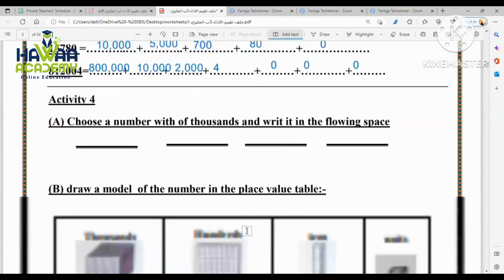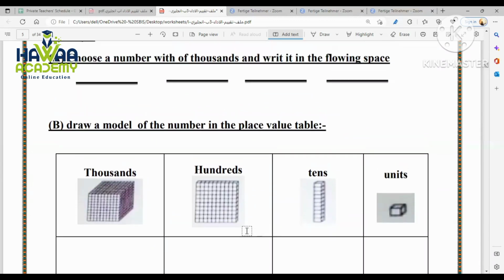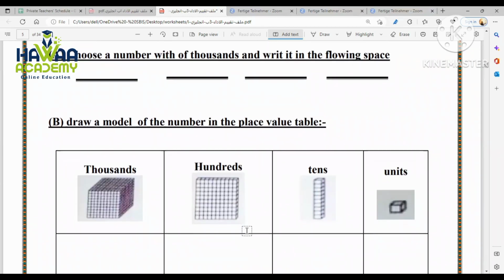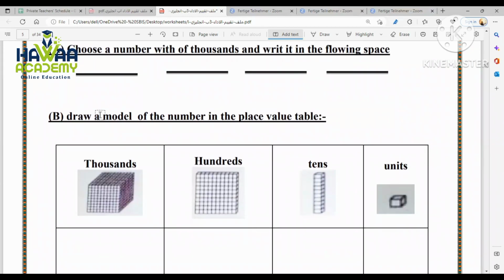Okay, for the next question that we have, choose a number with the thousands and write it in the following space. Okay, we can choose whatever we want. Like, we can say that it's 1,234.